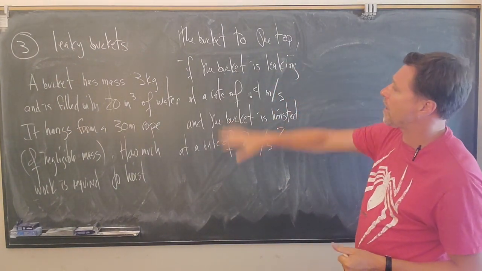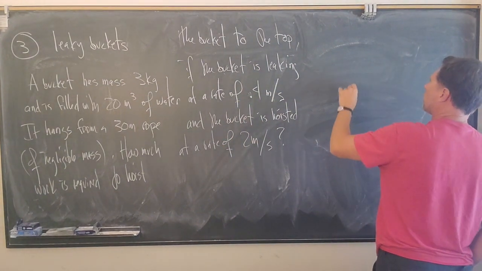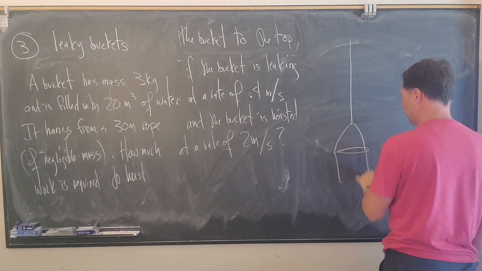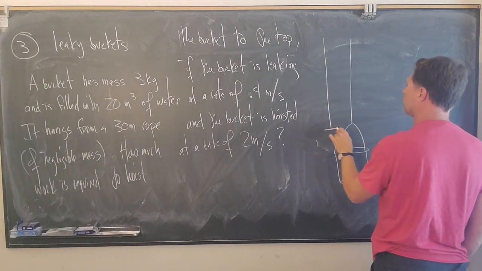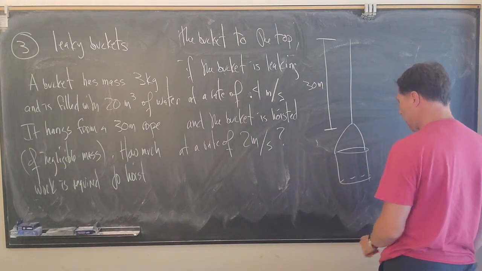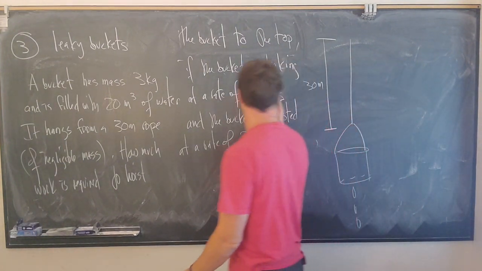So it's kind of a mouthful here, but here's our picture. We've got our bucket here. We're down 30 meters into a well, and we've got some water leaking out at a rate of 0.4.